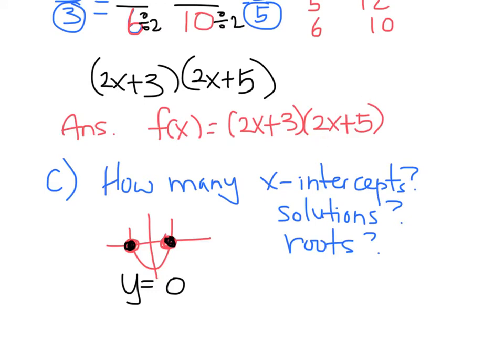In other words, when I draw my graph, I'm going to have how many x-intercepts? 2 x-intercepts. And you cannot get the answer for C unless you solve B. So my answer, I will have 2 x-intercepts.